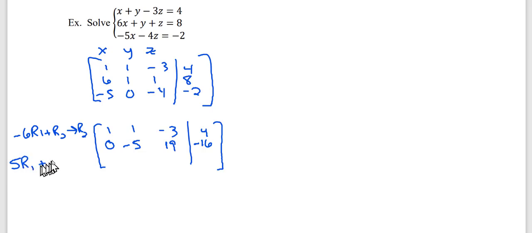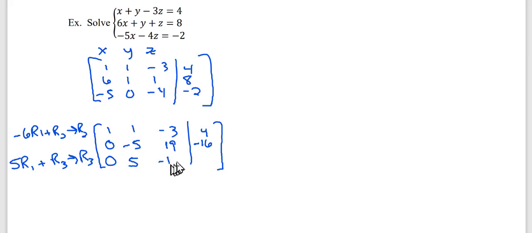I also want to do 5 times row 1 plus row 3 and put it in row 3 to get my 0 here. 5 times 1 plus negative 5 is 0. 5 times 1 plus 0 is 5. 5 times negative 3 is negative 15 plus negative 4.